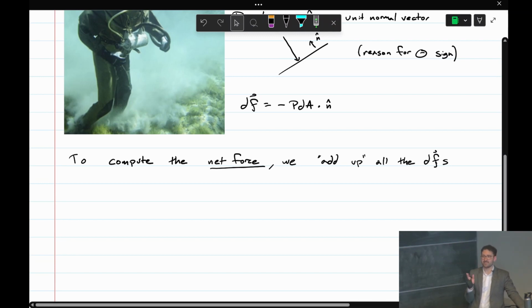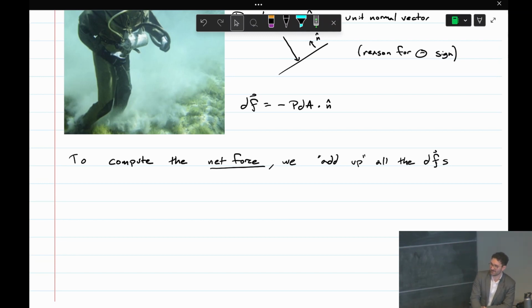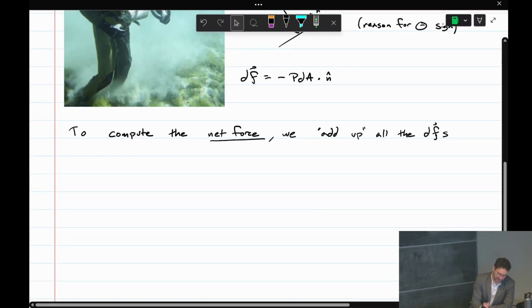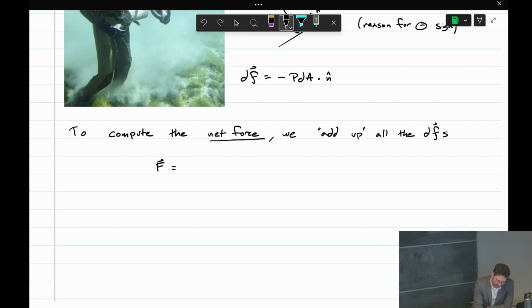So that's all we're doing, okay? There's going to be a calculus alert here, but we're just adding up all the dF's over the surface. So the net force, we're going to call that big F, is going to be the area integral of little dF. So that's equal to the integral over the entire area of the body.